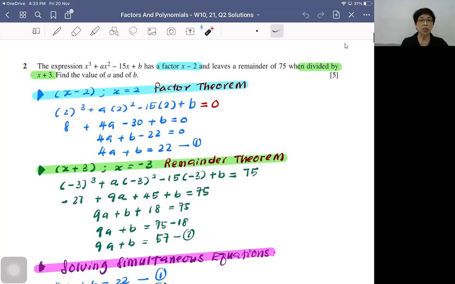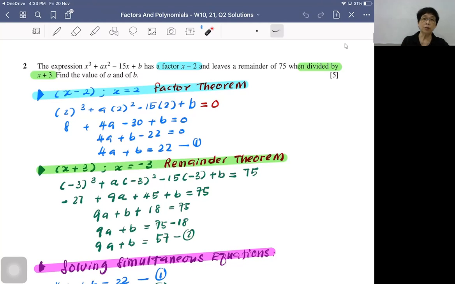Factor theorem just tells us that given a factor, for example x minus 2, as a factor of the cubic expression, we will know that by dividing the cubic expression by x minus 2, you're going to have no remainder at all.